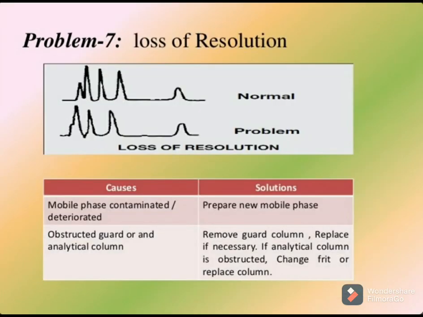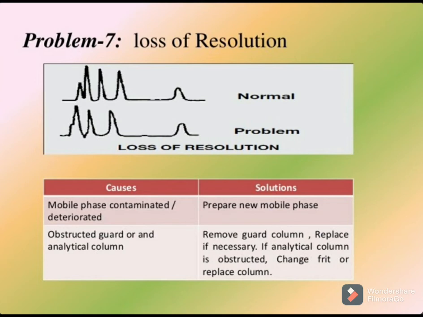Next is loss of resolution. How does resolution not come? We are not getting our resolution. This is also a very big problem in our HPLC. If the chromatogram we are getting is normal, that is the first one. In the second one, the chromatogram is not coming properly and some problem is appearing. What is the main cause?